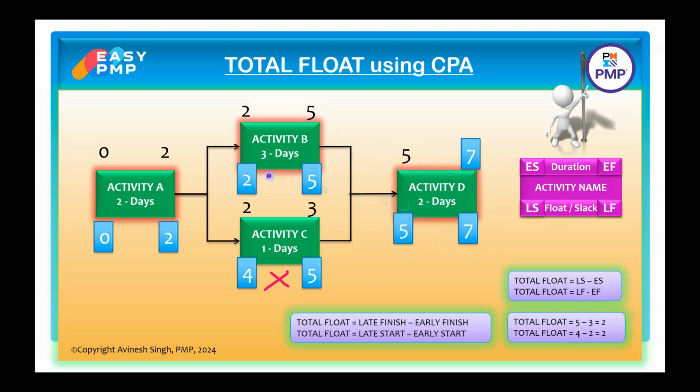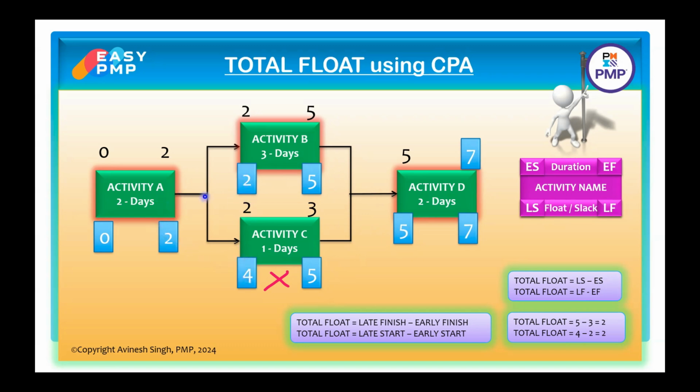Now, in the backward pass, when you get 2 branches, you carry forward 5 in both the branches. So you have now 5 and 5. How to calculate the start date here? 5 minus 3, 2, 5 minus 1, 4. Now there is a merge, 2 here and 4 here.